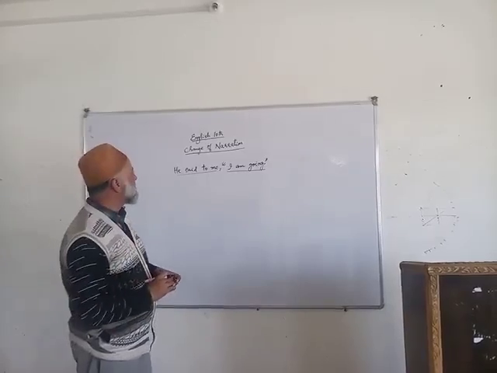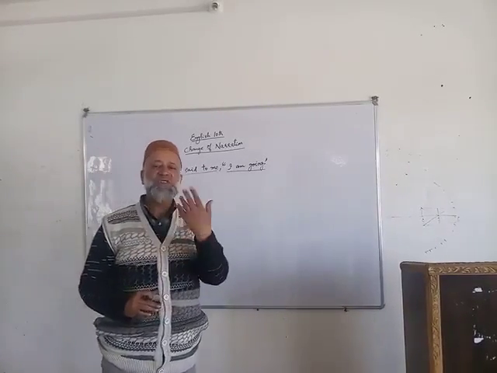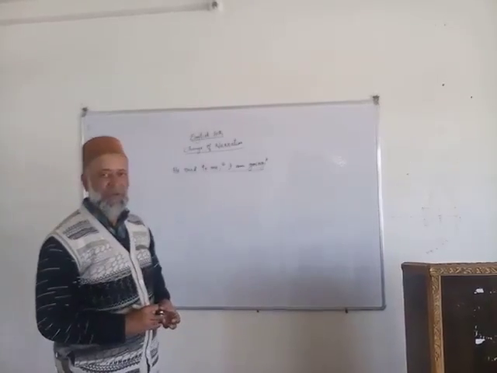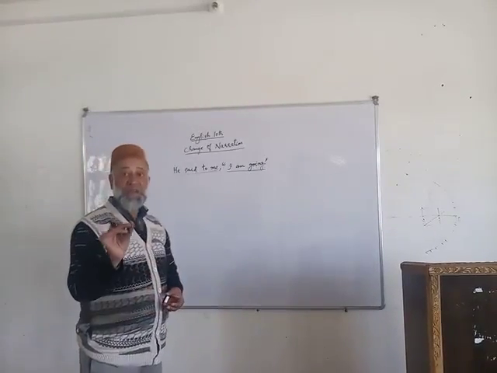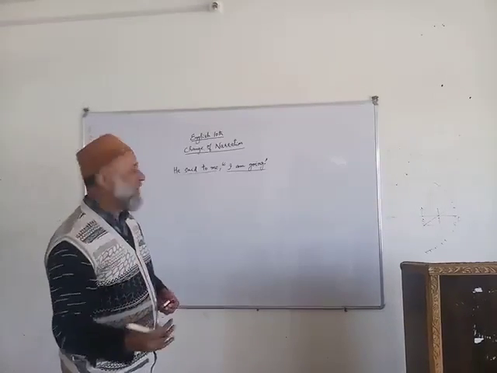When we change a direct sentence into an indirect one, we have to follow certain rules of English grammar. So maybe at times I speak in Kashmiri in order to make you understand fully.